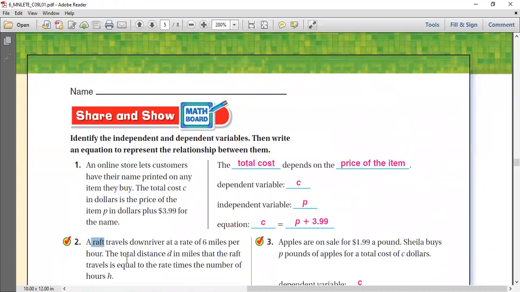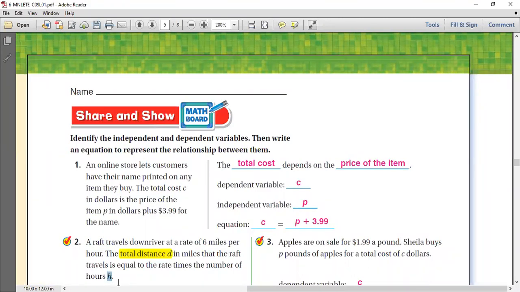A raft travels downriver at a rate of 6 miles per hour. The total distance D, in miles, that the raft travels is equal to the rate times the number of hours h. Okay, so here we have two variables, d and h. What did I just tell you? The total of something is always dependent.